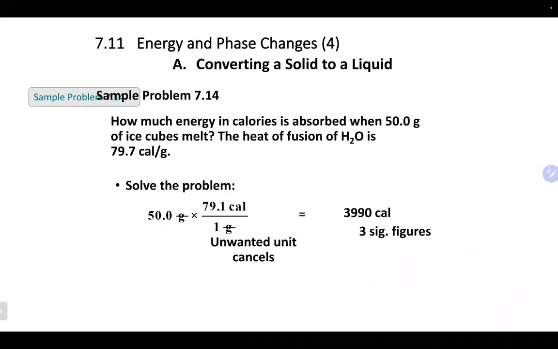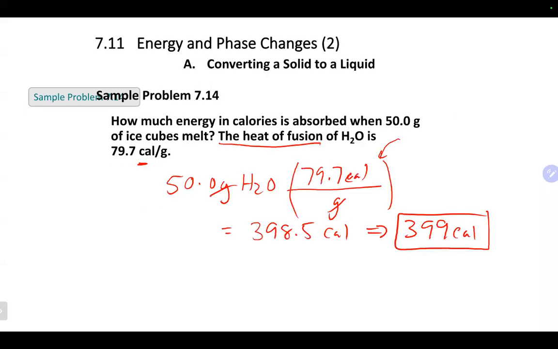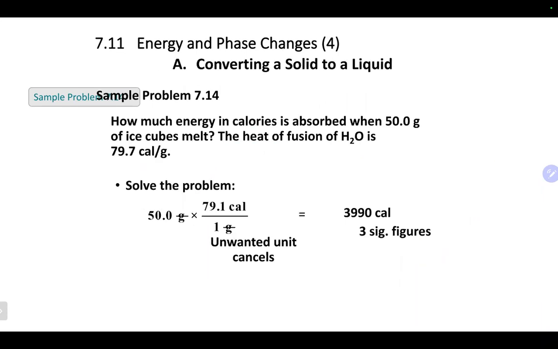Did I miss a 0 on that? I must have. Let me see. 50 times... I did. I'm sorry. I think I cut a 0 off there. Oh, because they use a different number there. I see.